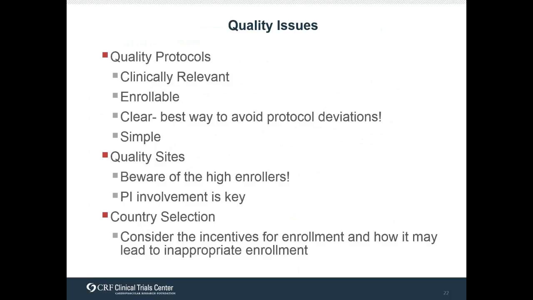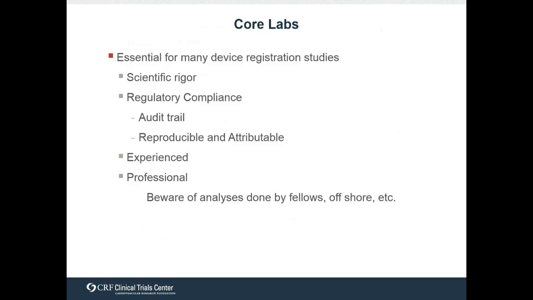And there have been cases in various geographies in which the number of enrolled subjects has been disproportionate to the prevalence of the disease, for example, raising questions that in extreme cases, issues of fraud, etc. So be careful to align the incentive with the local practices and making sure that speed does not compromise quality.